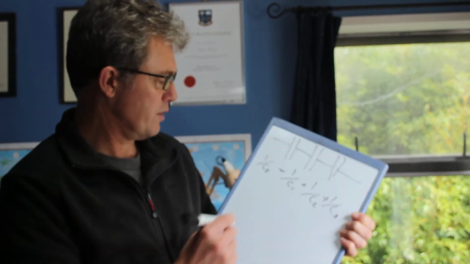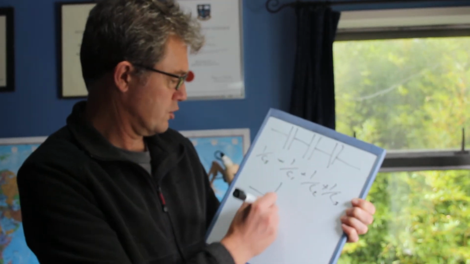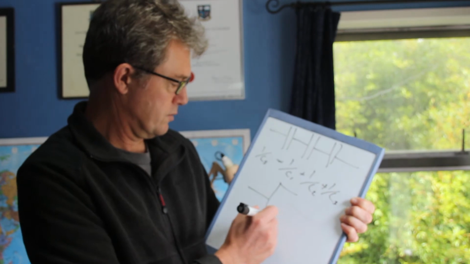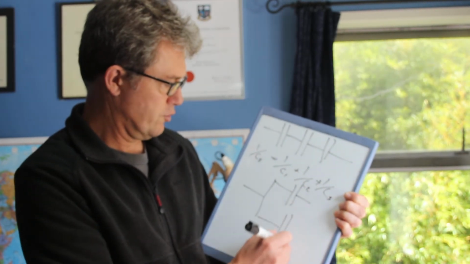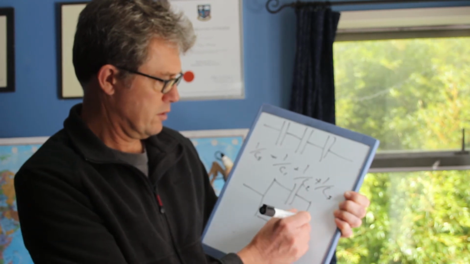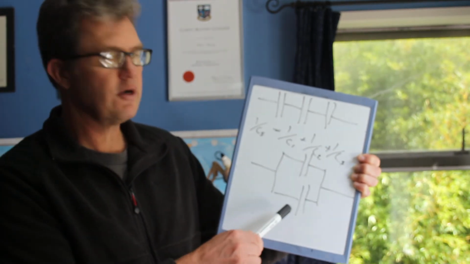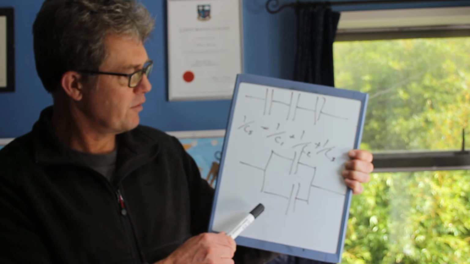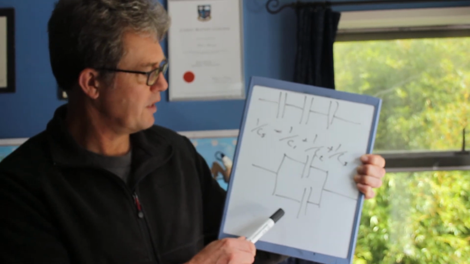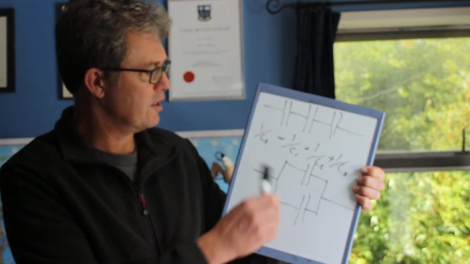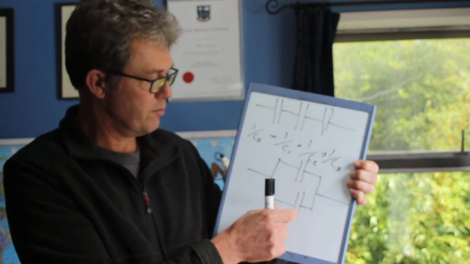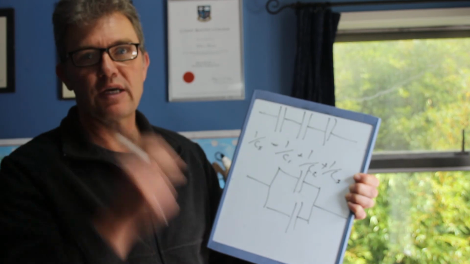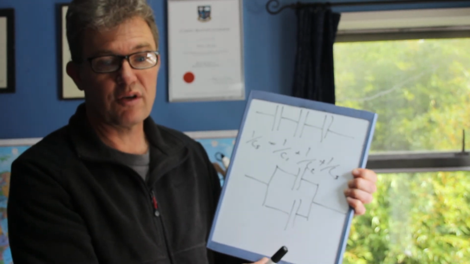Now capacitors in parallel. Let's just draw 2 of them because I run out of space. 2 capacitors in parallel is really the same as one capacitor with a bigger area. You get the area of this and the area of that, you add them together, they're both the same distance apart, and that just makes one capacitor with more area.